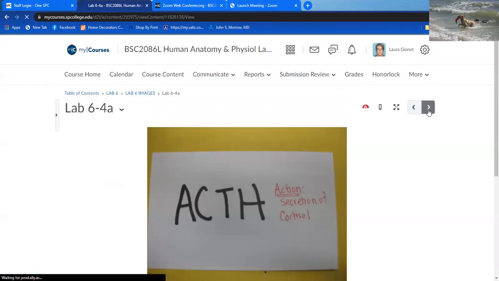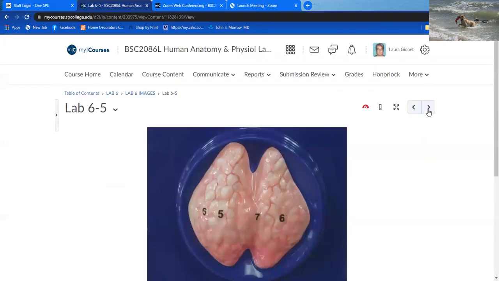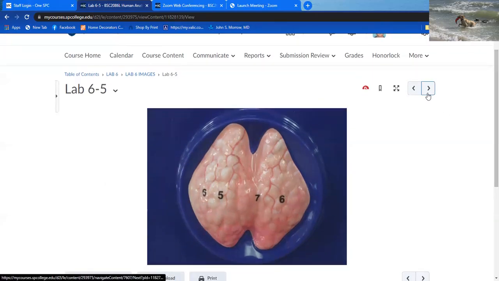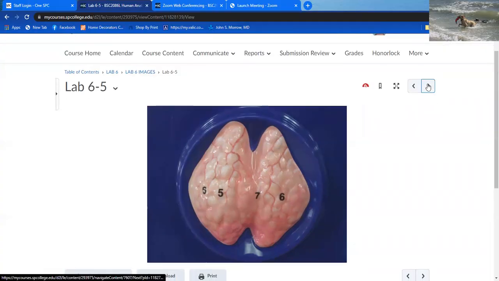Remember, these images were made by another instructor. This works for him. We often use them because we had a former image base that tanked on us, so to speak. We couldn't maintain it on a separate web page or something like that. That was the reason. But in any event, you always want to use these pictures of models and the lab exercises we did in class, or what I just Zoomed.